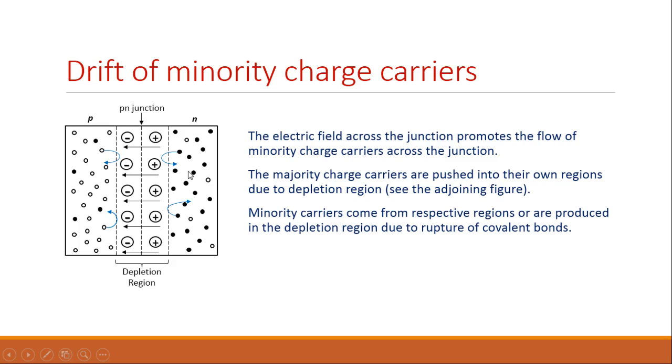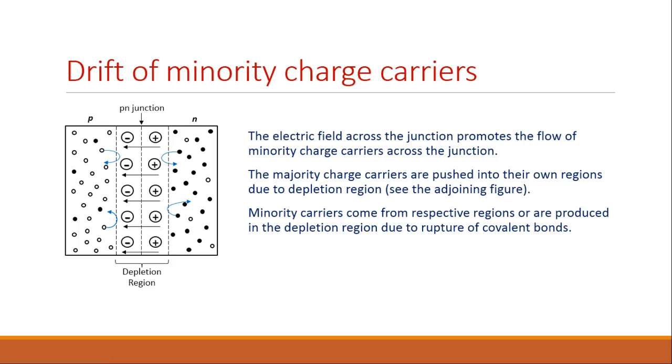The minority charge carriers come either from the respective P region and N region, or they are also produced in the depletion region due to the rupture of covalent bonds. Now, why would the covalent bonds rupture in the depletion region? Because of the temperature. You may consider that all this is happening at room temperature, so some covalent bonds are continuously rupturing, and rupture of each covalent bond will give rise to one electron and one hole, that is an electron hole pair.